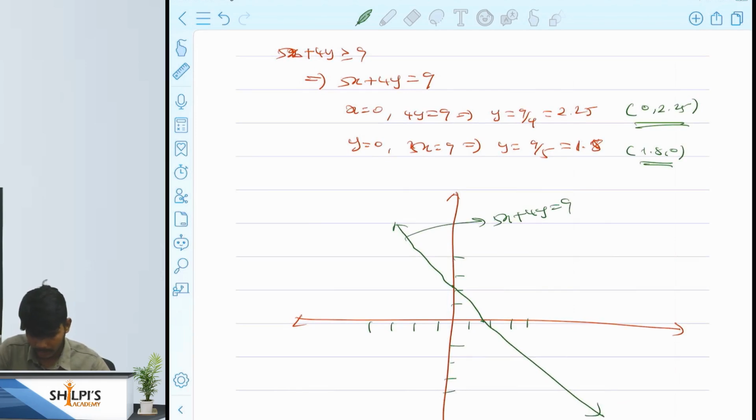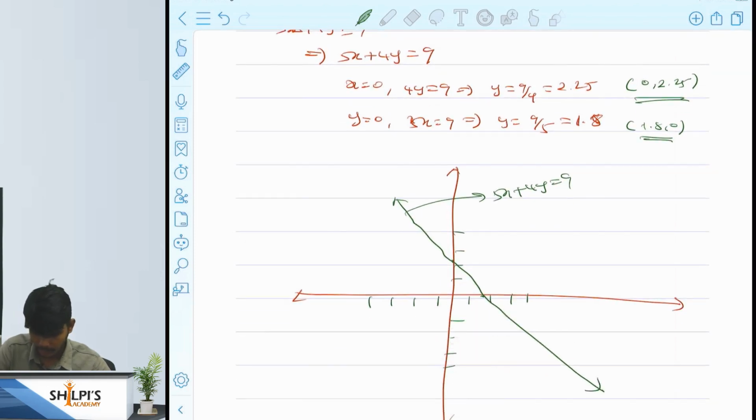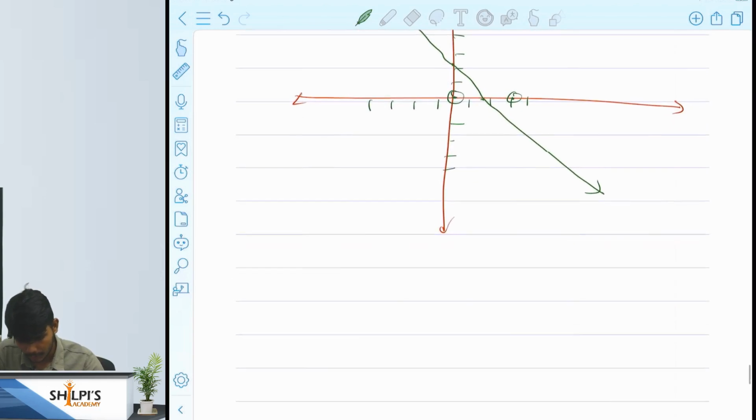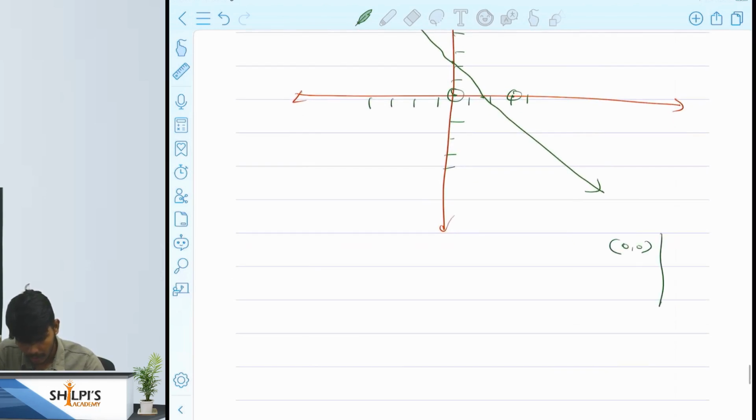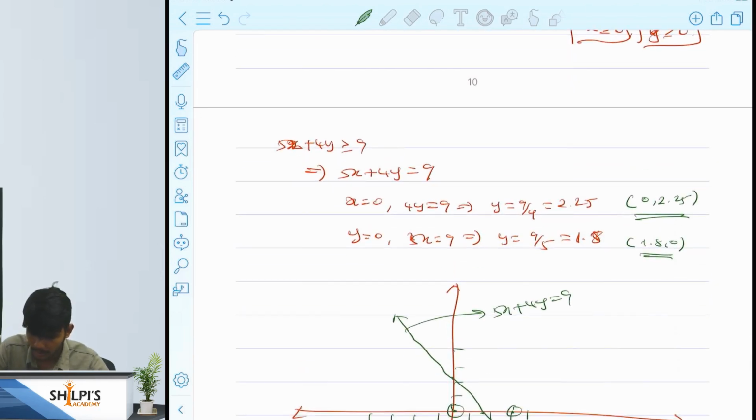So in which side do we have to shade? Below that line or above the line? I want to confirm, so I will take 2 points. On this side I will take 0 comma 0, which is very easy to calculate. On the right side of that line I will take 3 comma 0. If I put 0 and 0, the left hand side becomes 0.